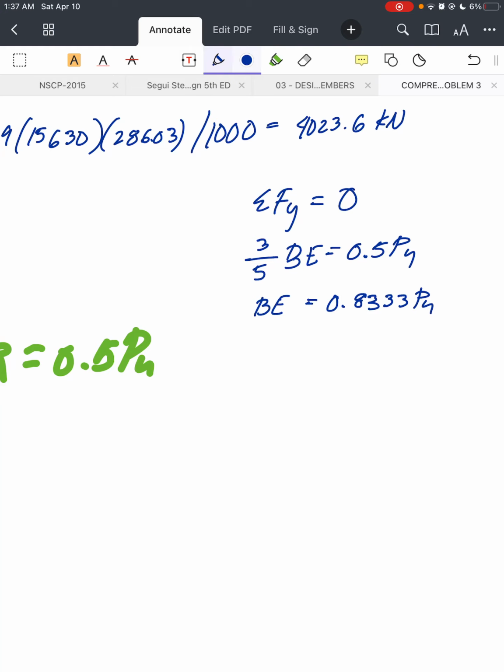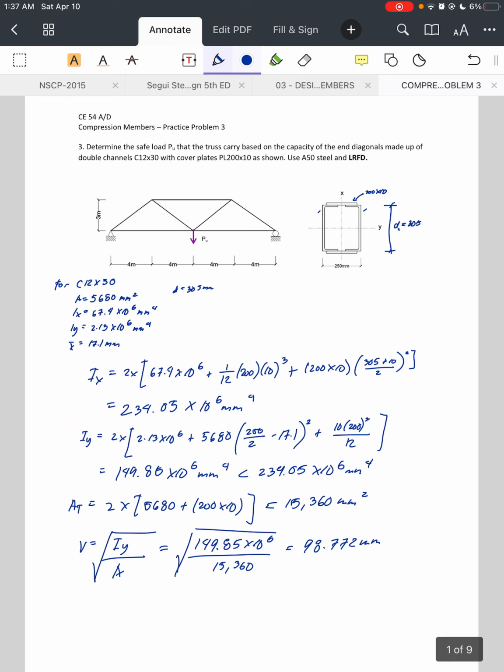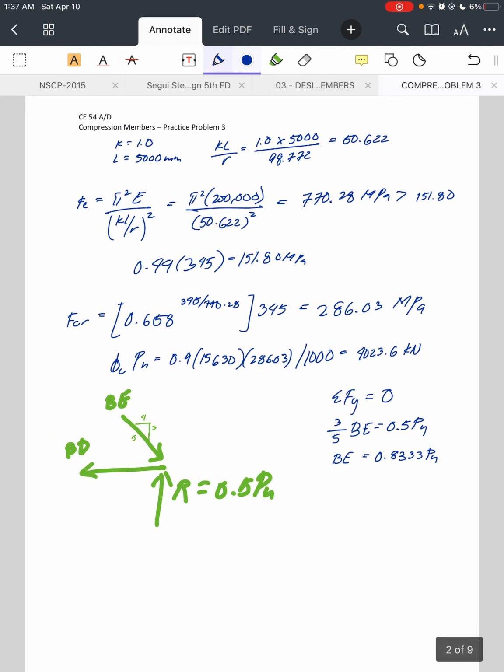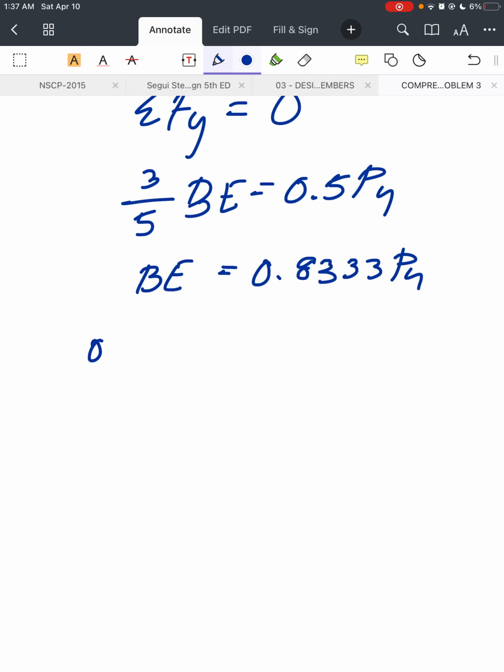Now, after deriving the force in the end diagonal BE, this is equated to the actual capacity of the end diagonal. So 0.833 PU is equal to 1,462.2 kilonewton. Simplifying this, we can now compute the capacity of the truss system.